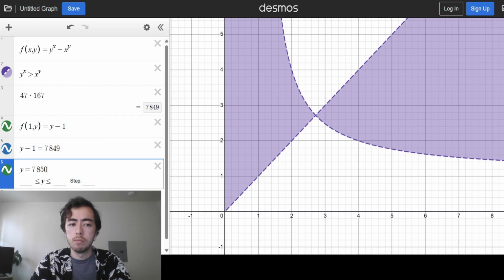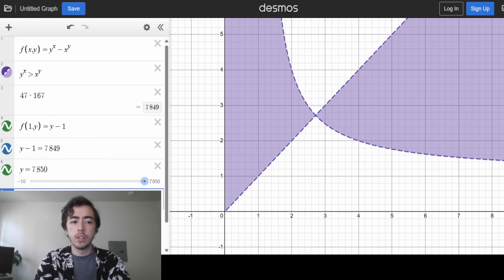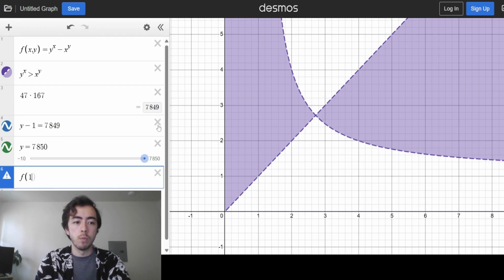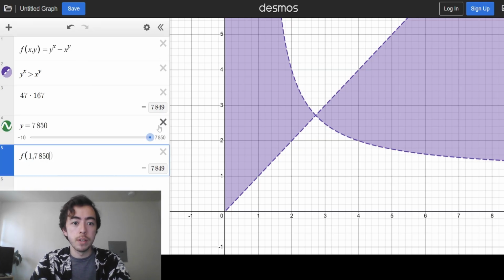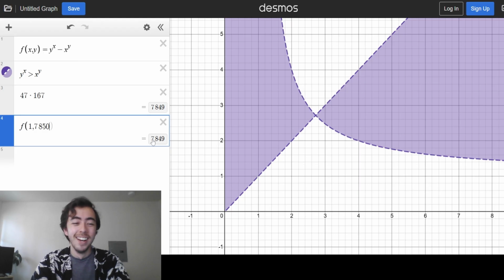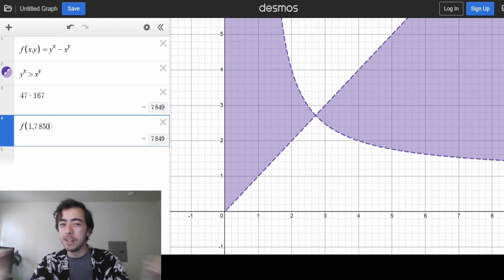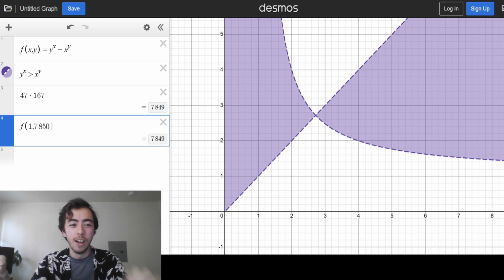And I don't see anything wrong with that, because if I try plugging that into my function, 1 comma 7850, I do get my target number. So this is a potential answer to this problem today, just by doing a smart guess and check right here. We found an answer, but x is 1 in this example, not 6.